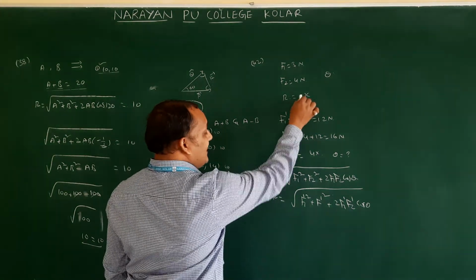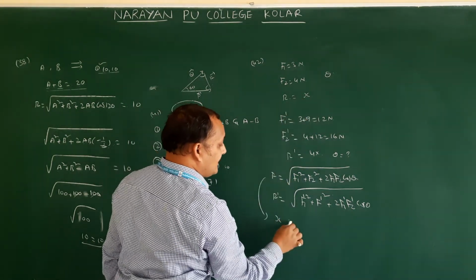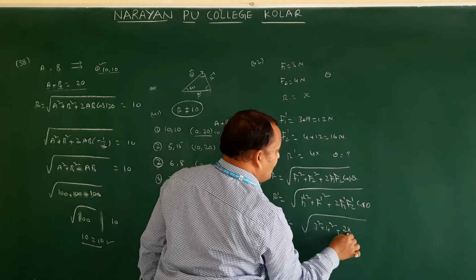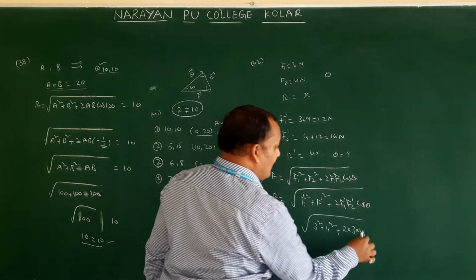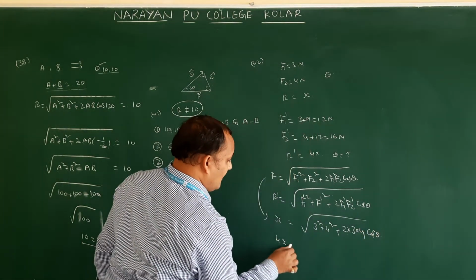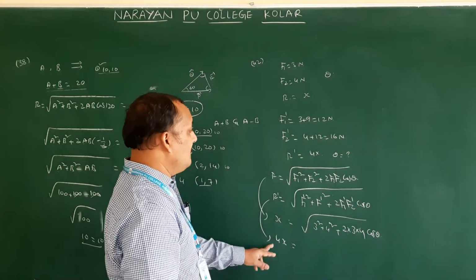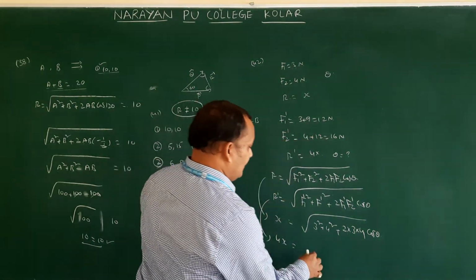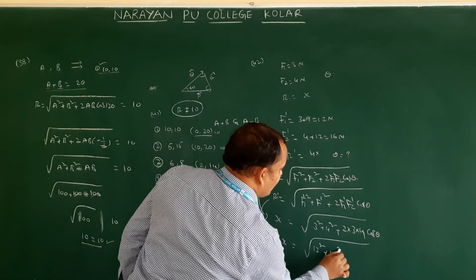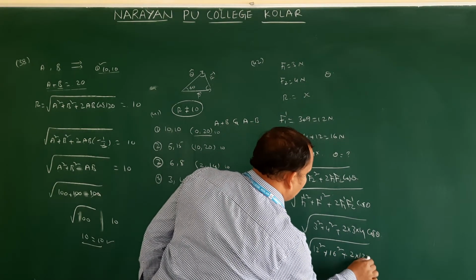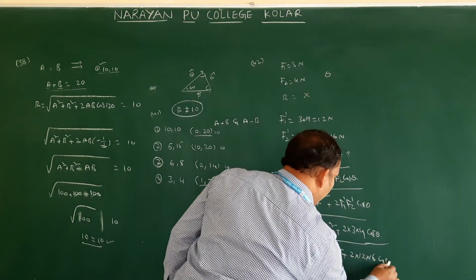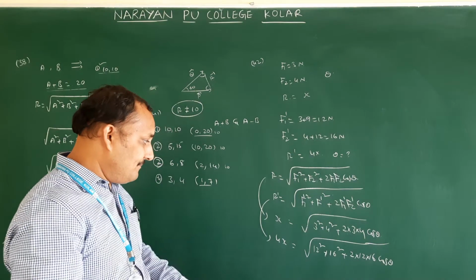So the R value in the first case is x. x is equal to root of 3 square plus 4 square plus 2 into 3 into 4 into cos theta. R dash, 4x, is equal to root of 12 square plus 16 square plus 2 into 12 into 16 into cos theta.